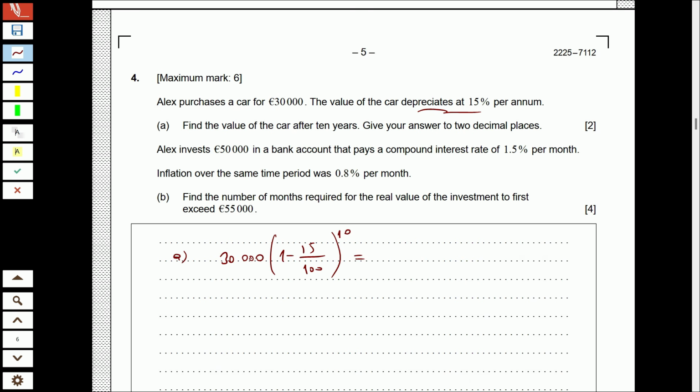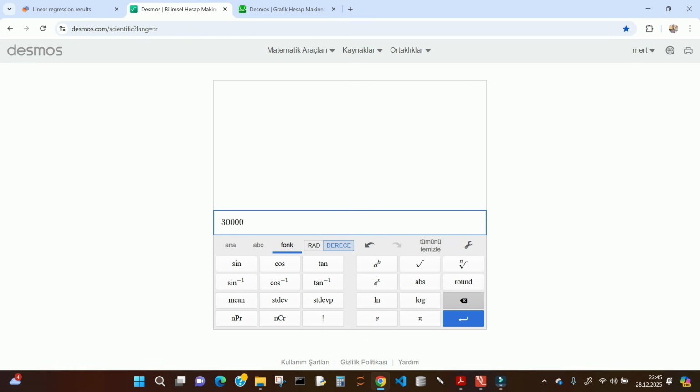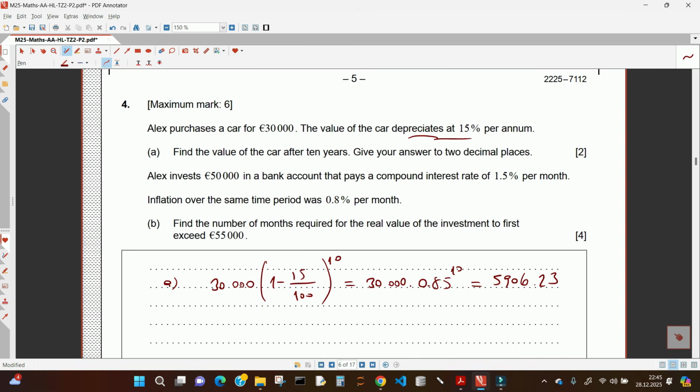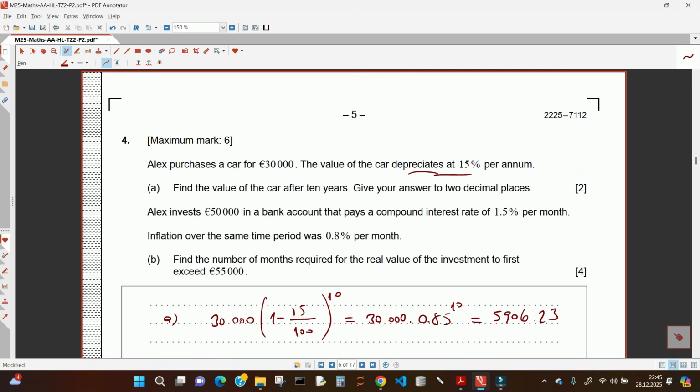So this is a geometric sequence, and I will multiply 30,000 by 0.85 to the power of 10. 30,000 times 0.85 to the power of 10 is going to be 5,906.23.